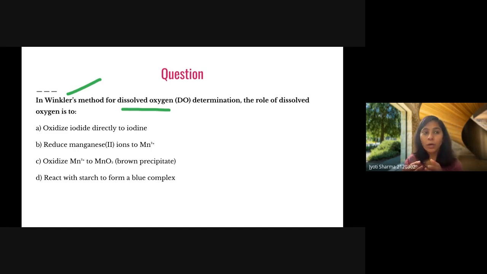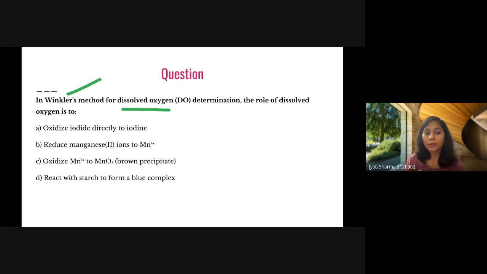So we use different chemicals with which the dissolved oxygen will react, and then there will be some precipitation, or some complex compound that will be formed, and using titration we can determine the dissolved oxygen.